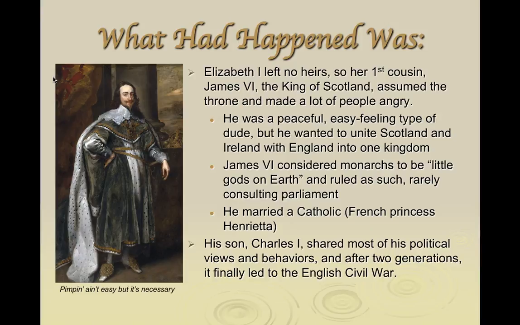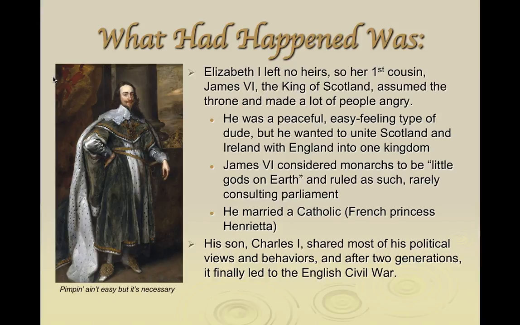And then ultimately, the thing that he did that upset the most people was marry a Catholic, the French princess Henrietta. And this was a time period in which it was illegal to be Catholic in England, and there were lots of Catholics hiding their Catholicism on the down low and risking imprisonment and worse for their Catholic faith.